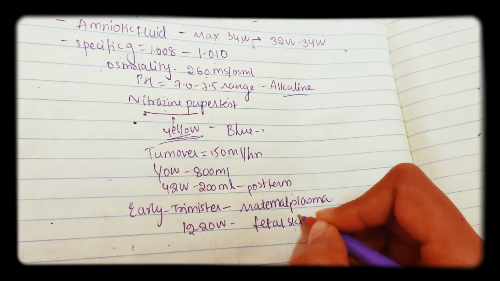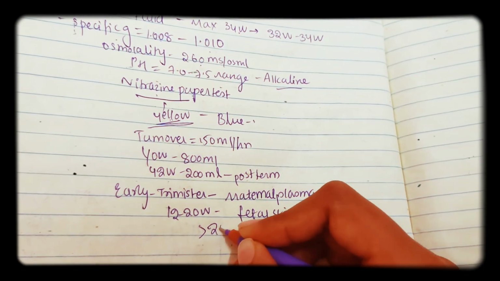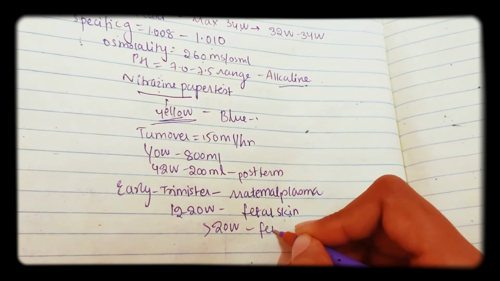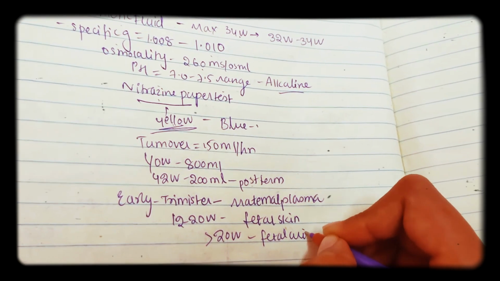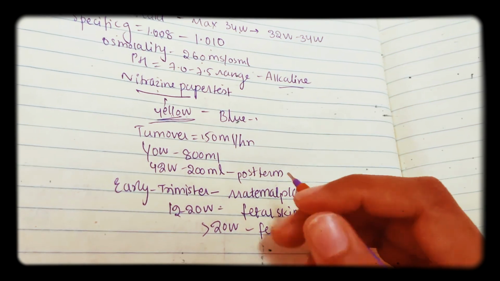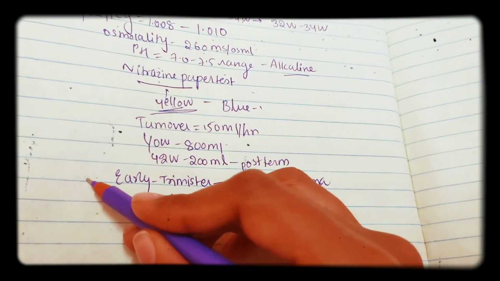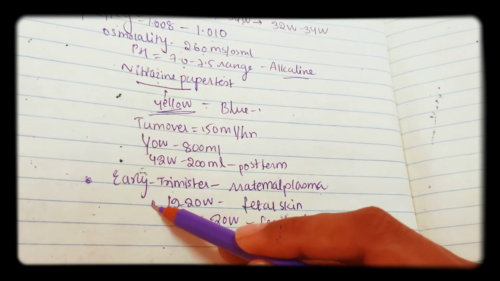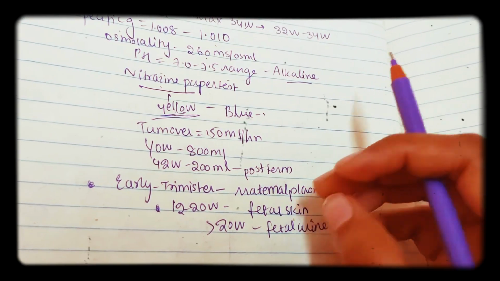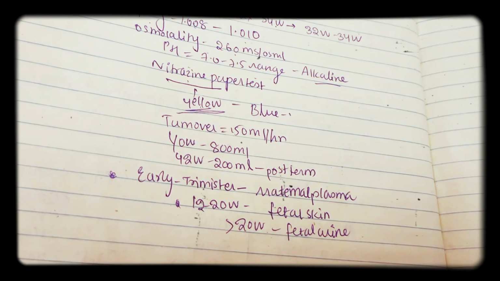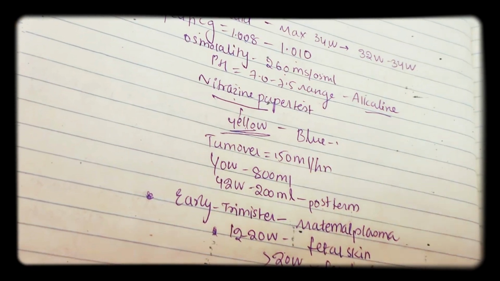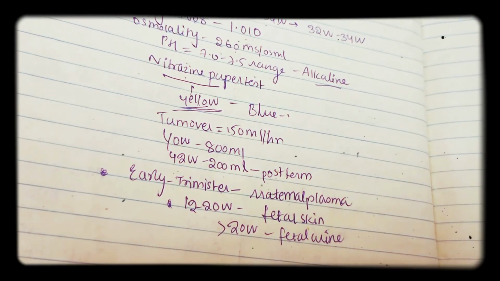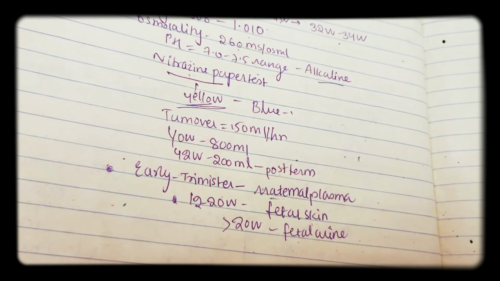And if you come to greater than 20 weeks, the amniotic fluid is mainly formed by fetal urine. So overall the amniotic fluid is formed by fetal urine, but according to the stages, in the early trimester it is formed by maternal plasma, from the 12th to 20th week by fetal skin, and after the 20th week by fetal urine.